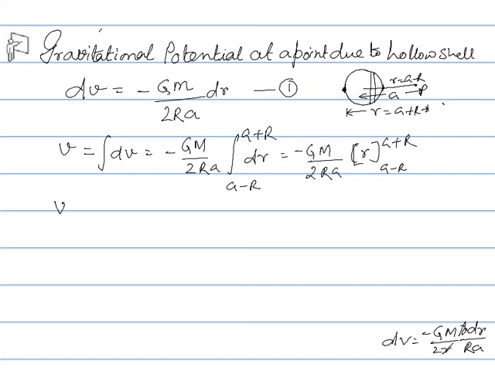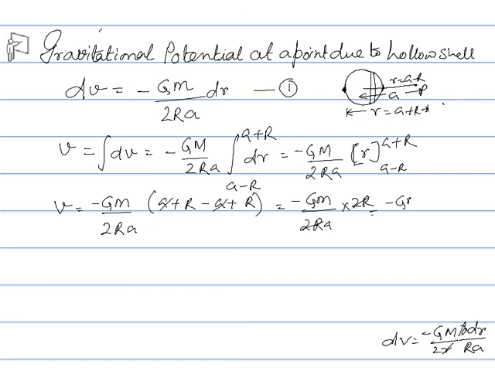Therefore potential is equal to minus Gm by 2ra, a plus r minus a, this minus becomes plus r, that is minus Gm by 2ra into 2r, that is minus Gm by a.